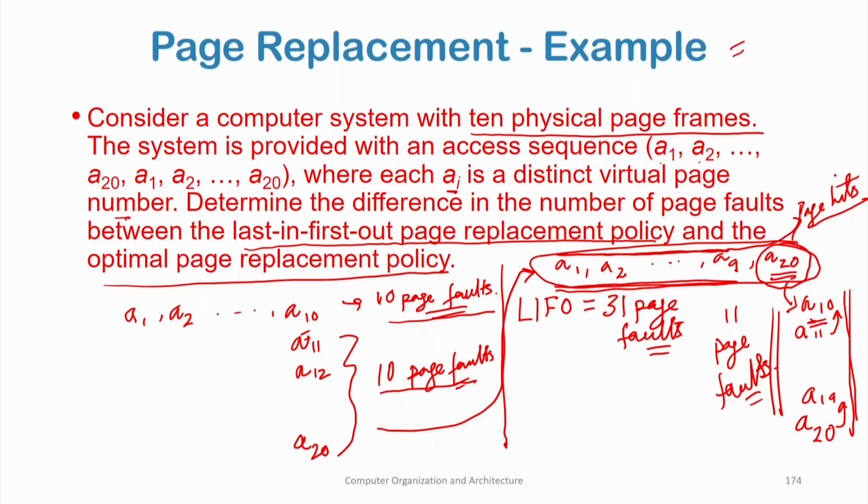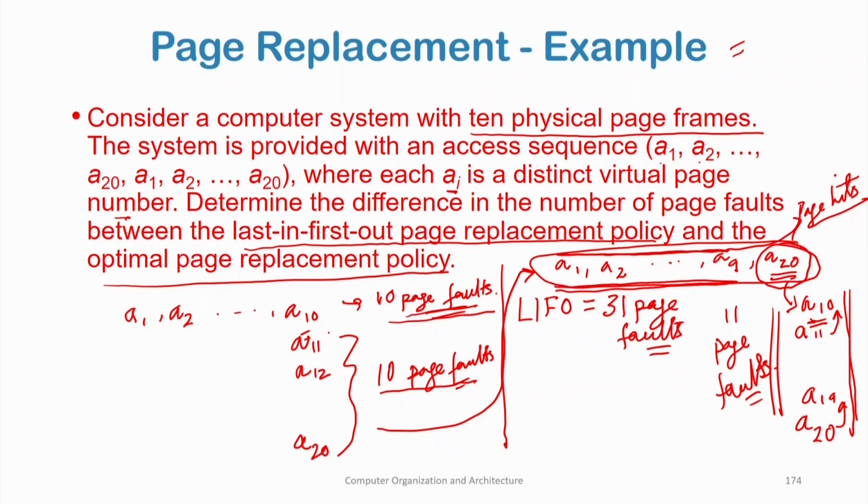Now, when you use the optimal page replacement, these 20 page faults will still be there, because these are all compulsory page faults. In the optimal policy also, when A11 comes, it will replace page A10, because it will see the future and find out whom to replace.